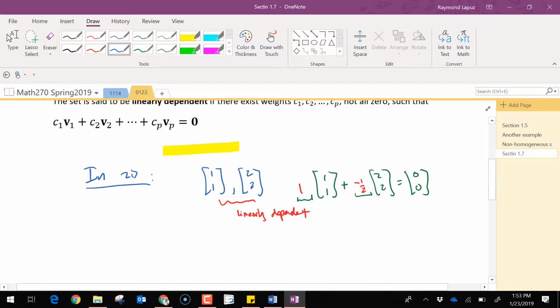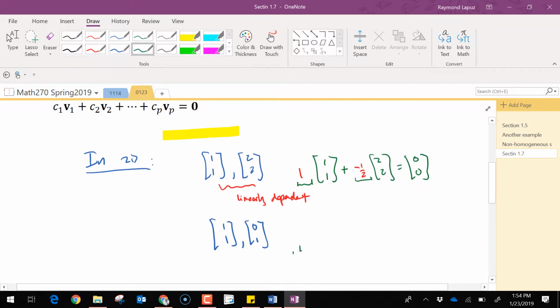So you could also think 1, 1, 0, 1. And then again, if we can come up with 2 numbers that would make this 0, 0 that are non-zero, then it would be linearly dependent.